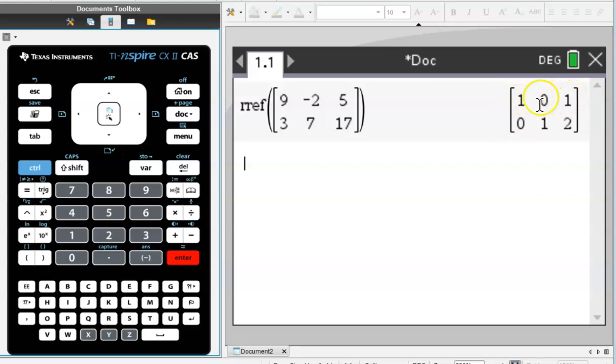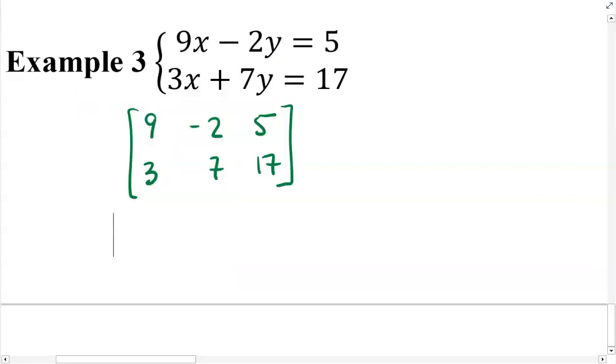So essentially this row is now telling me that x must be equal to 1. We have 0 x's in this column, plus 1y must be equal to the number 2, must have a result of 2. So again, if 0x plus 1y equals 2, then y by itself must be 2. So this matrix has turned into this one.